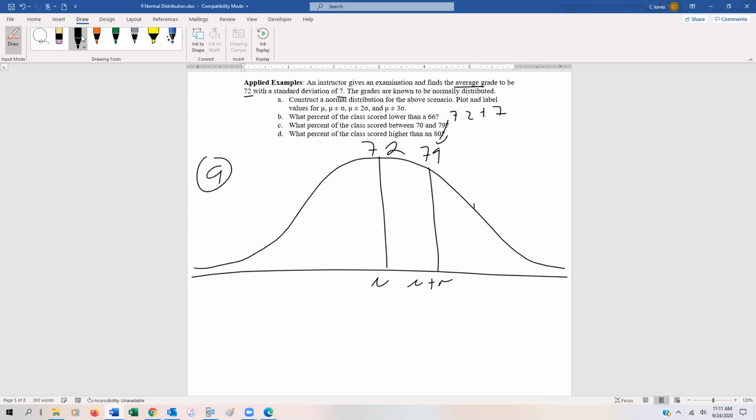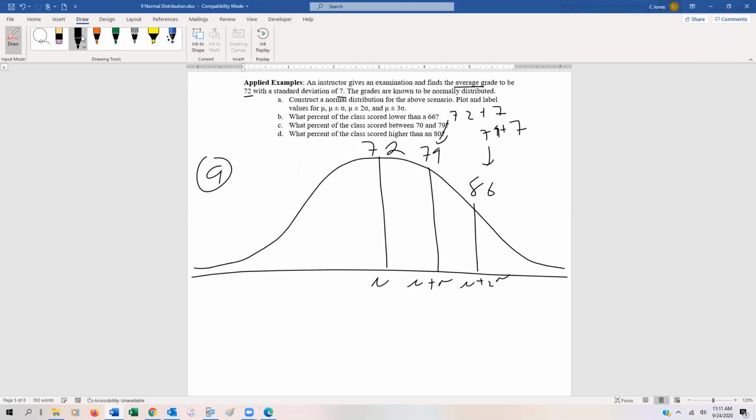And then two standard deviations, mu plus 2 sigma. We're just going to add 7 to 79, and that's going to give us 86.